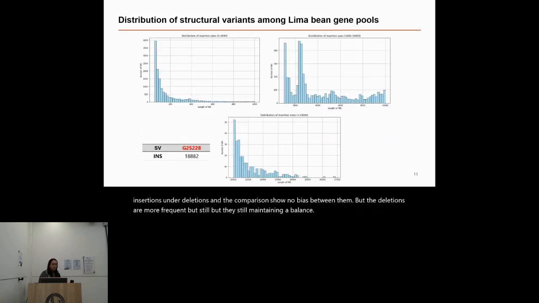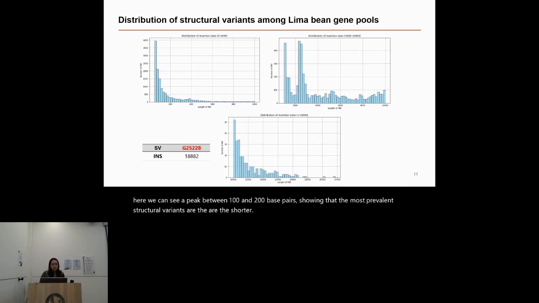Now, in this slide, we can see some of the results only for the Mesoamerican wild accession, 250-28. And we can see in these histograms the distribution of the insertion size. In the first histogram, we find sizes between 0 and 1,000 base pairs, and here we can see a peak between 100 and 200 base pairs, showing that the most prevalent structural variants are the shorter insertions.